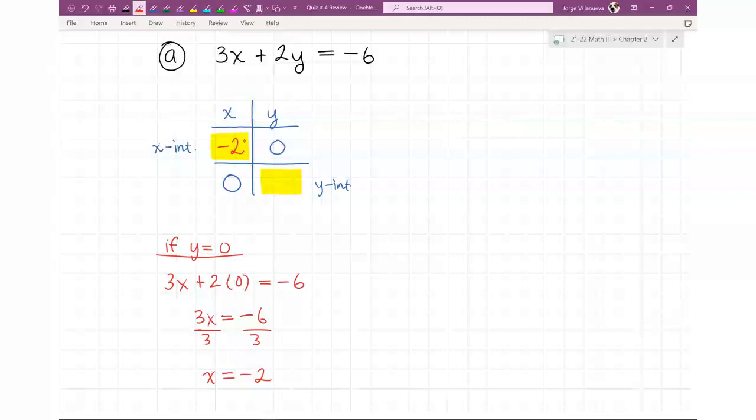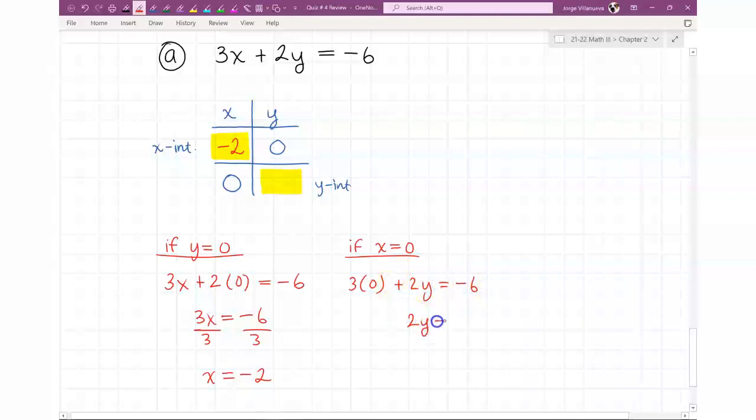And now I'm going to do the exact same thing, but this time I'm going to say, what if x equals 0? Okay, what happens if x equals 0? So I'll plug it into my equation. 3 times 0 plus 2y equals -6.